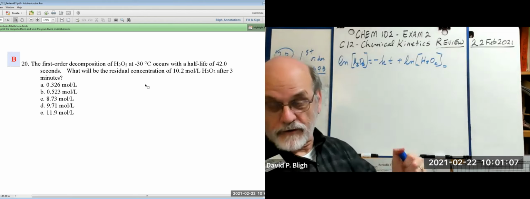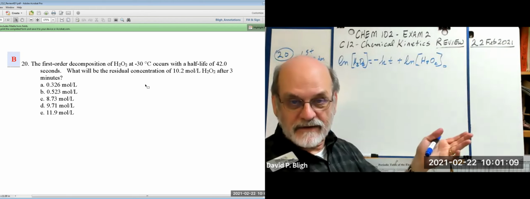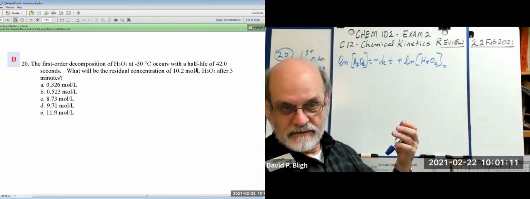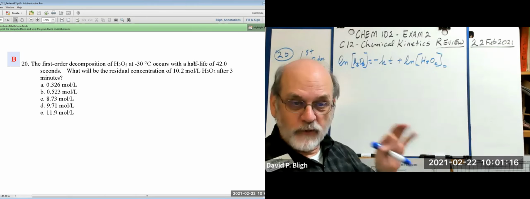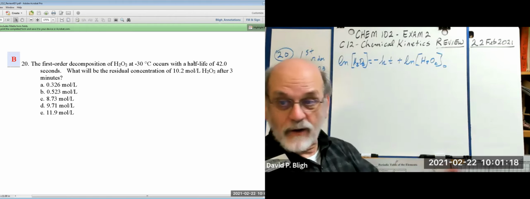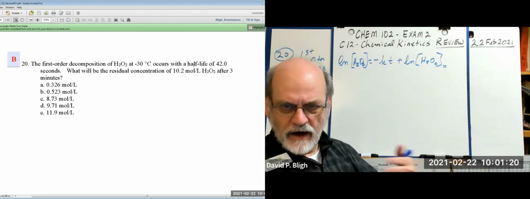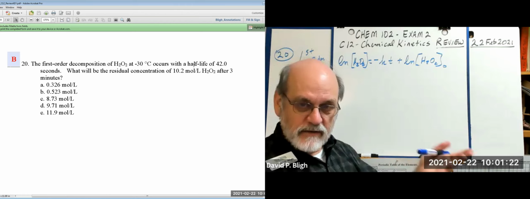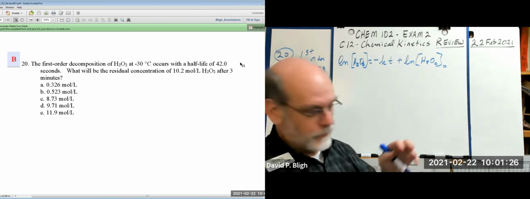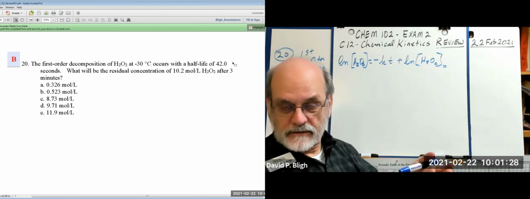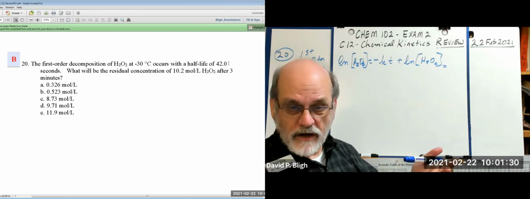First order is independent of the concentration. So that's why they can say half-life is 42 seconds and it doesn't matter what the concentration is. Otherwise, if it was zero order or second order, then this half-life would be useless because we don't know what the starting concentration is.